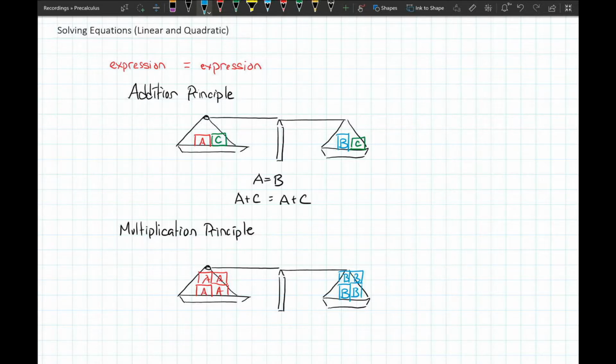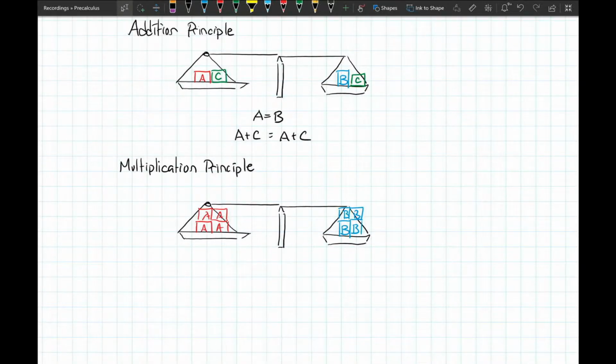As long as we have the same multiple, both sides have equivalent weight. So the multiplication principle says that if we have A equal to B, then taking some scalar multiple of A and the same multiple of B, the two quantities are still equal, with a very important restriction. C can be any non-zero expression or any real number, not 0.